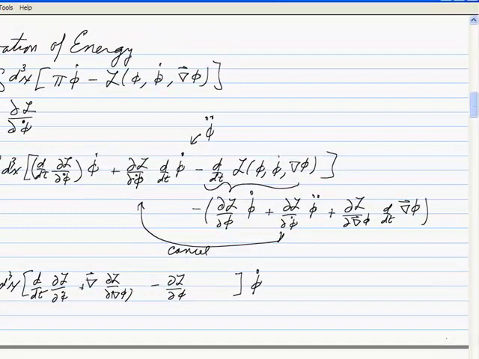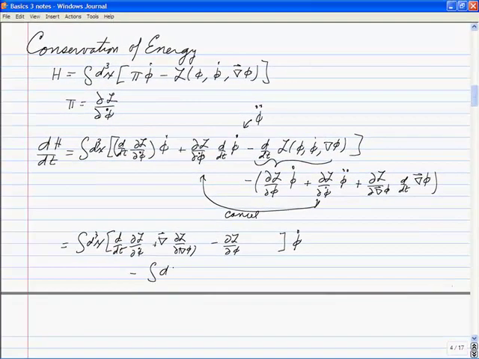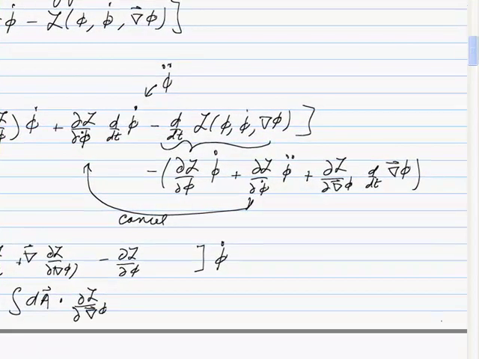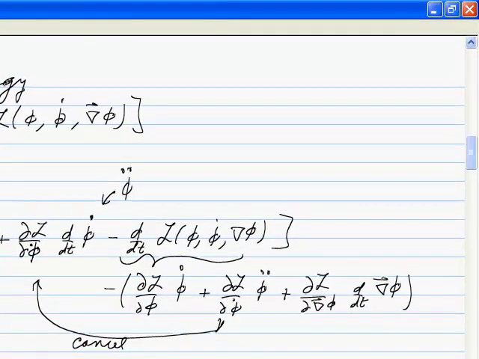And then the surface term is the following. The surface is an area out at infinity, and the piece is delta L d del phi times phi dot.